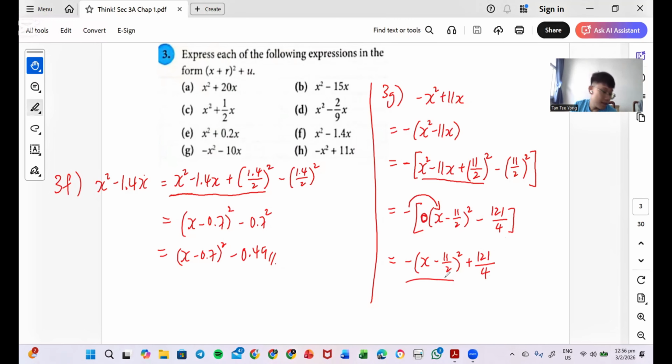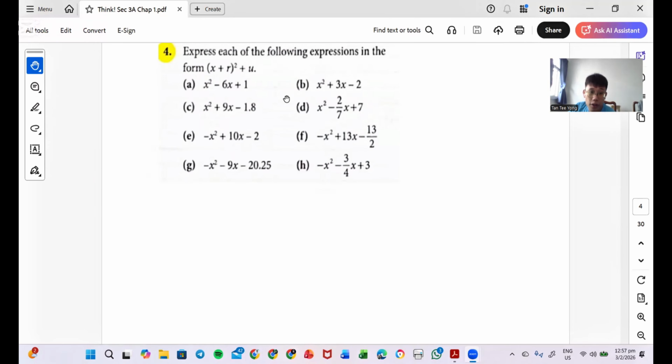Okay, like this. All right. Okay, so yes, this is for 3. Oh, it's not 3G. It's 3H, sorry. I looked at the wrong one. Yeah, okay. So this is for 3H. Okay, yeah. Negative x squared plus 11x, right? So this is for 3H. Okay, so yes, this is it for question 3.